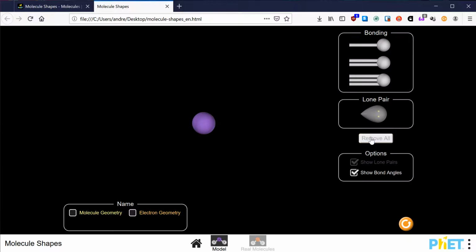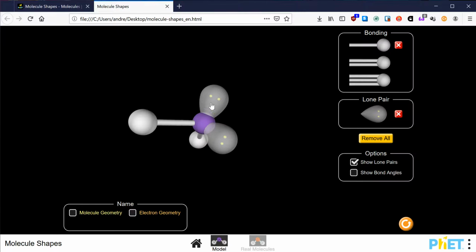One last thing, let's say that you're dealing with a molecule that doesn't have only bonds, that has lone pairs. Let's say that we wanted to build the structure of water. So we know that water is an AX2E2 molecule because the central atom oxygen has two hydrogens bonded to it, but it also has two lone pairs.